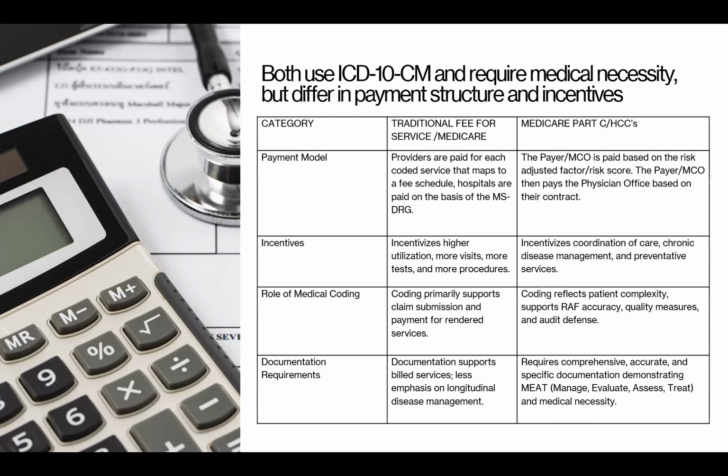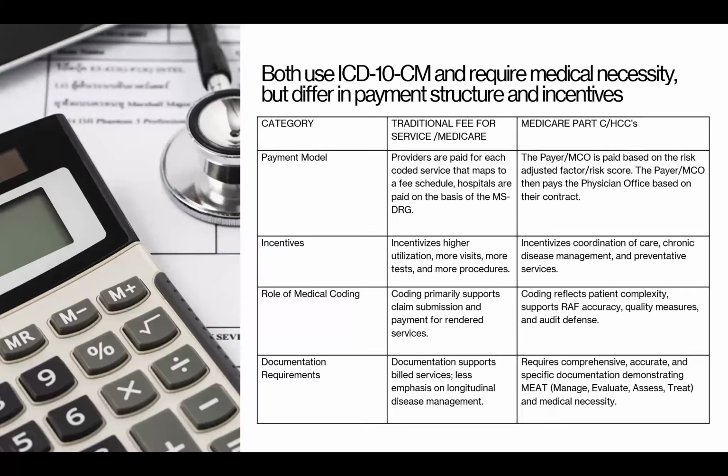You can look at the payment model this way. With traditional fee for service, providers get paid by volume, as do hospitals. Providers may get paid for every service that maps to a fee schedule. Hospitals get paid on the basis of MS-DRG each time the patient is admitted.